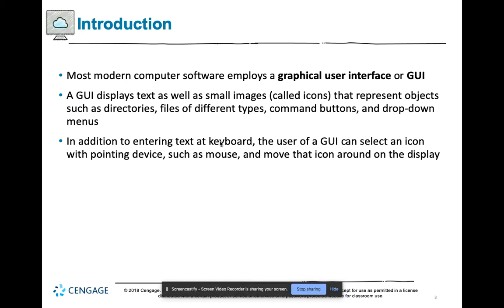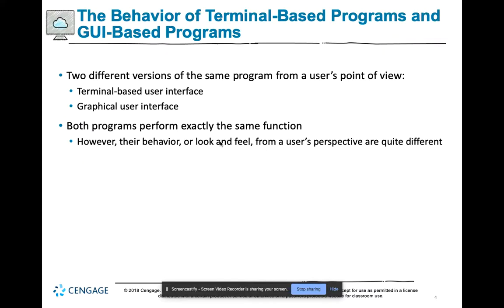It displays text as well as small images called icons that represent objects such as directories, files, command buttons, and drop-down menus. In addition to entering text at the keyboard, which is what we've been doing on the command line, if you've got a GUI that pops up, you can click on an icon, and click on a drop-down and select things.